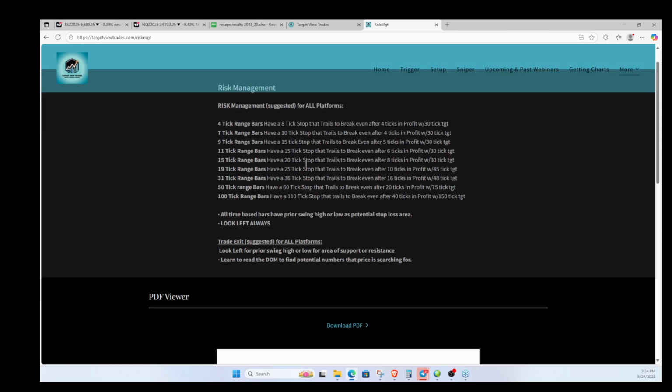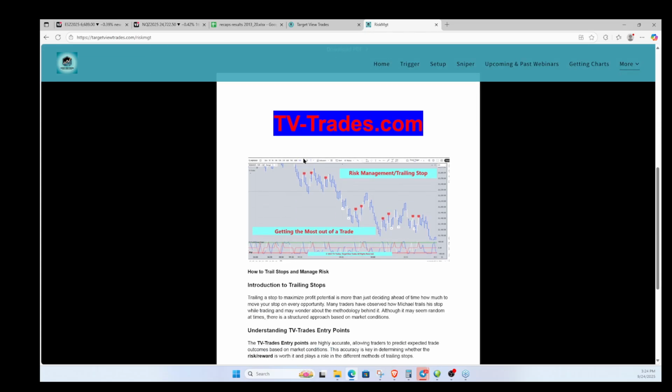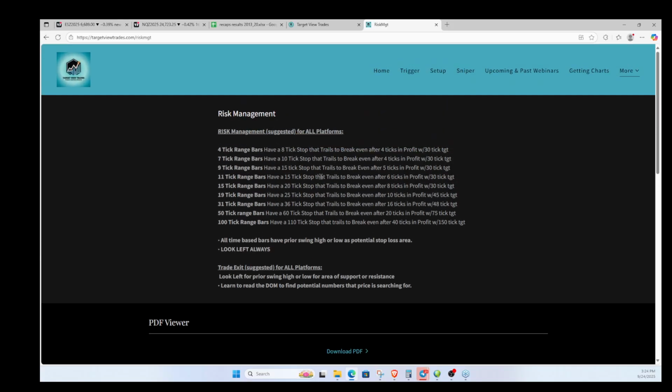This is how I do it right here. I put some stuff in here about it. It doesn't matter what market you're trading or what trade setup you're using. If you're using range bars, you have to have something that's consistent based on the range bar, not so much the market.